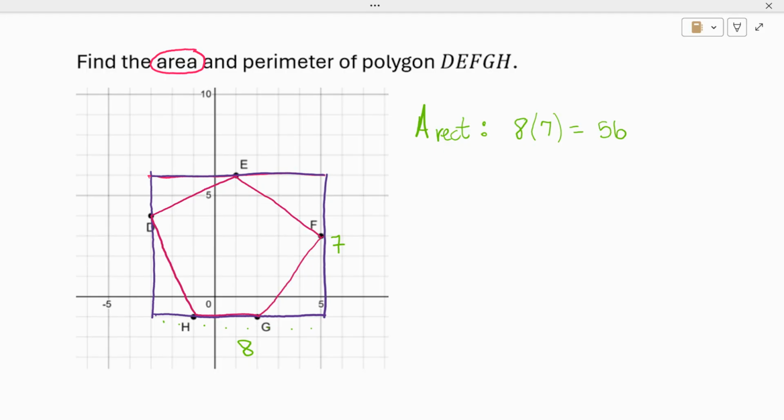So how am I going to find the area of this triangle? We're going to call it triangle number 1. What is its area? Victoria, I want you to look at the pink triangle that I just colored in. What are the 2 measurements that we're multiplying together? What is the base and the height of that triangle?